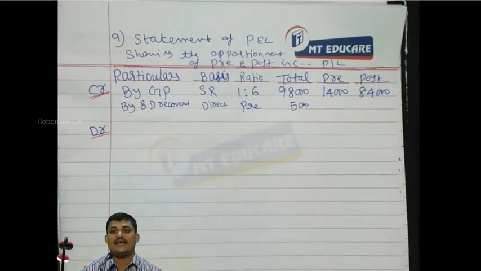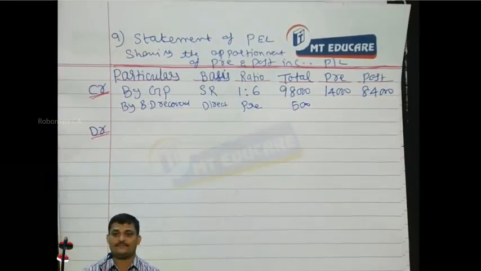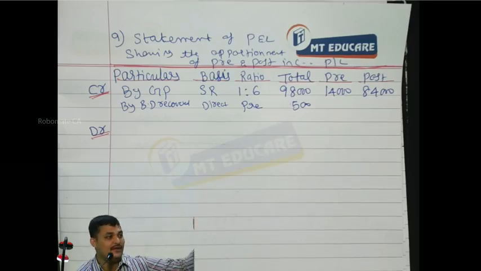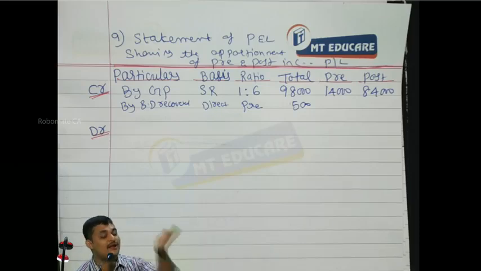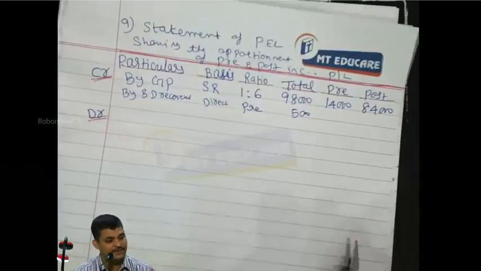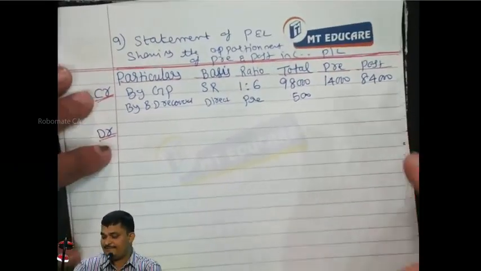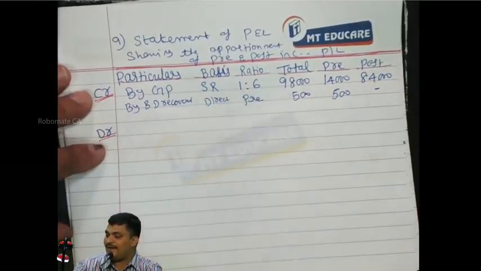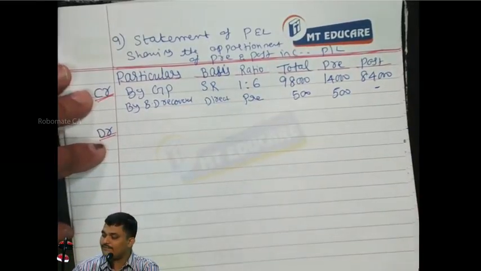Sir, please understand, bad debts recovered is not always pre. When I say direct, you should not misunderstand. Don't think that bad debts recovered is always pre. Suppose it was in the post-incorporation period, money received means it belongs to post only. Understood? So since in this problem it was received in pre, it is taken as pre. So 500, nil.